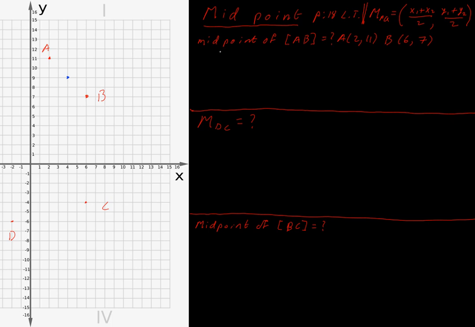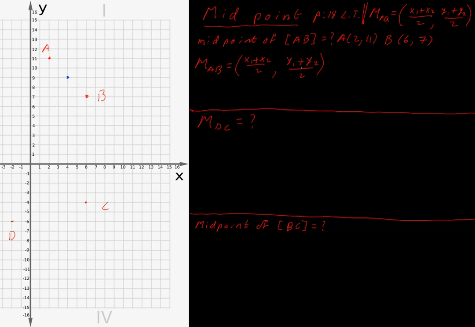And then I know I'm looking for the midpoint. It's told me that. And on page 18 in my log tables, I have something called midpoint of PQ, where P and Q are the two points they give you in your log tables. So that formula is the one I have written up in this top corner, and we're going to write it again. So midpoint, capital M for midpoint, of AB, this is just a shorter way of writing midpoint, is going to be x1 plus x2 all over 2, comma, y1 plus y2 all over 2.